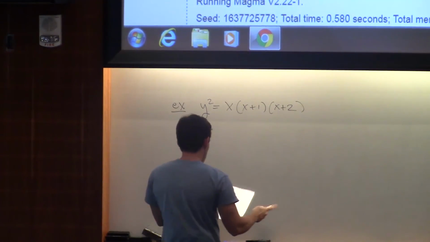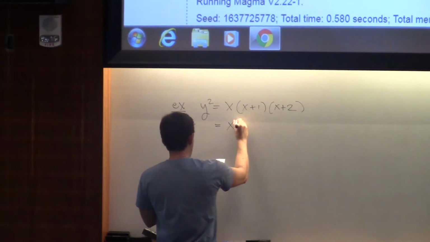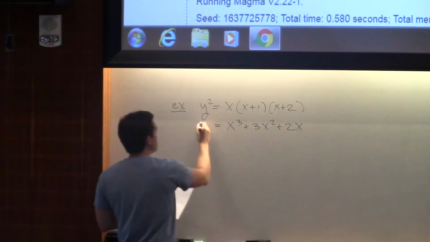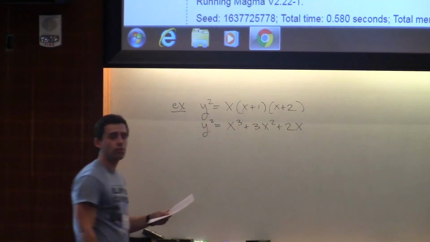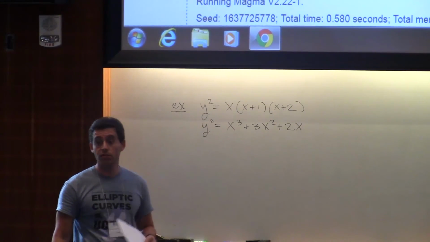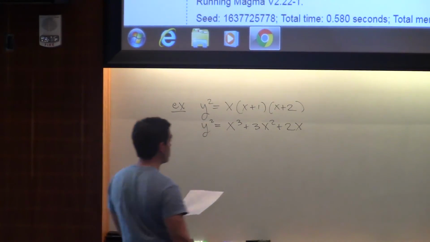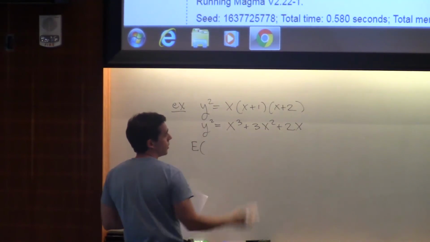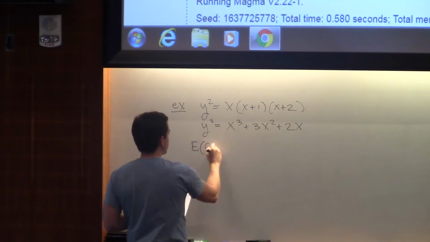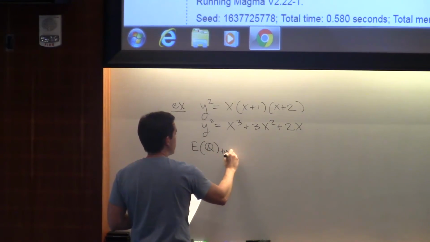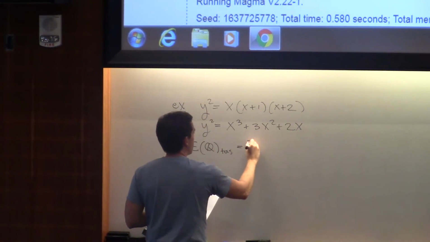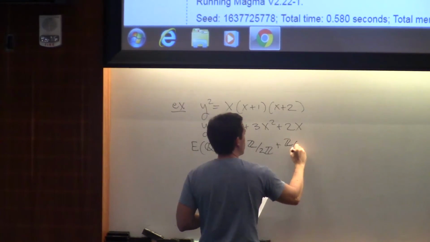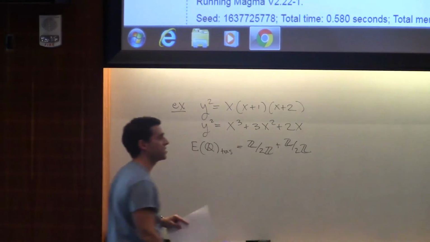Well, let's see. This is x cubed plus 3x squared plus 2x. It's an elliptic curve. So I can try to figure out what's happening. I can try to calculate the torsion subgroup and the rank. You can use Nagel-Lutz and check for yourselves that the torsion is just 2 torsions.